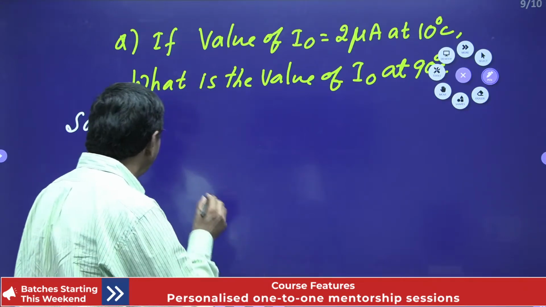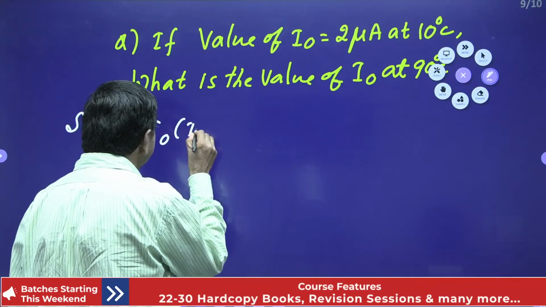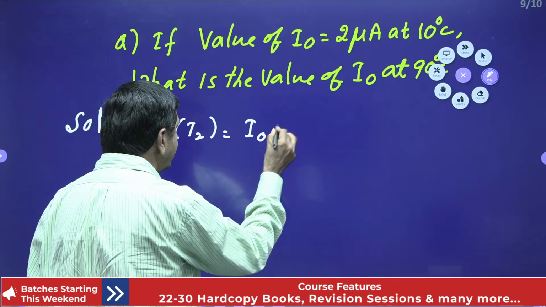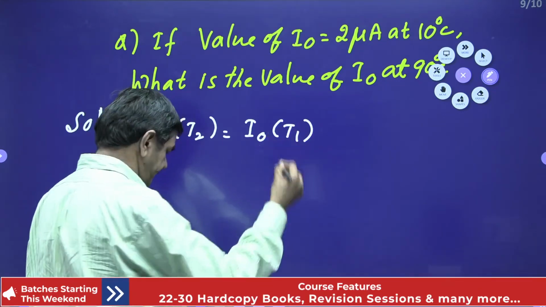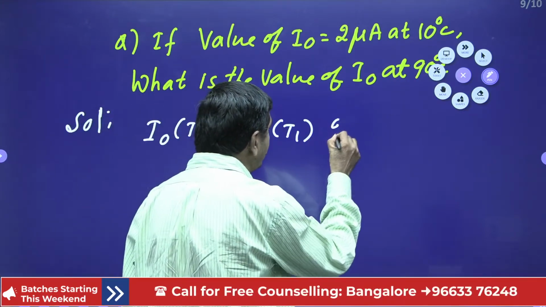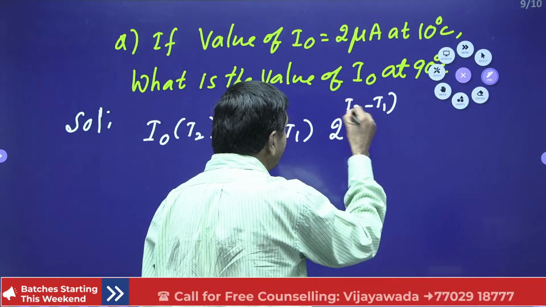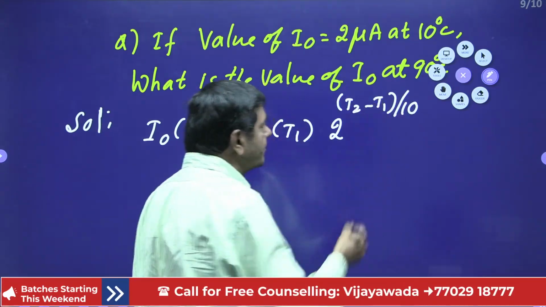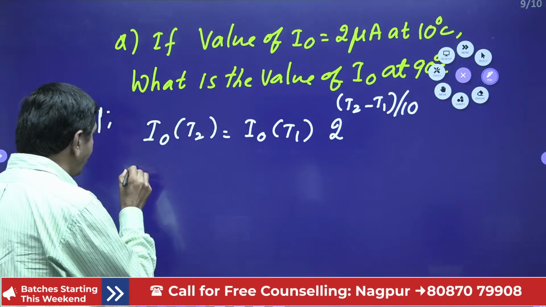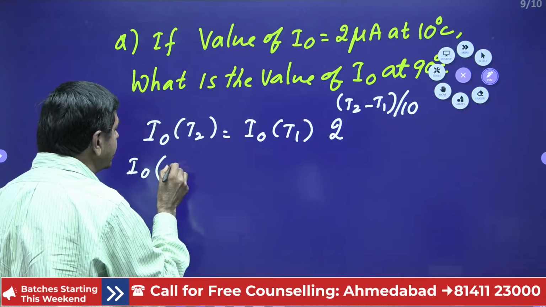I already gave the formula: I naught at temperature T2 equals I naught at temperature T1 into 2 power (T2 minus T1) by 10. By using this formula we can find I naught at the temperature we want. T2 is 90 degrees centigrade.